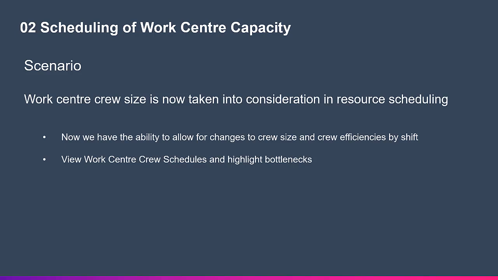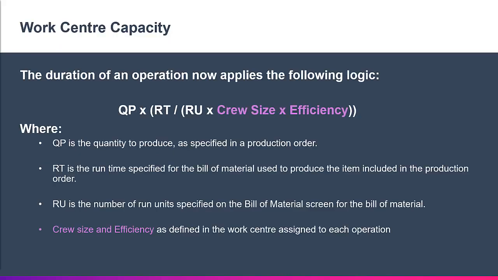There's also a new inquiry screen for the work center crew schedule, which shows potential bottlenecks. To allow for this, we have the new work center capacity computation using the following logic, which incorporates crew size and efficiency, as mentioned earlier, which allows you to change these parameters for each work center for each shift.